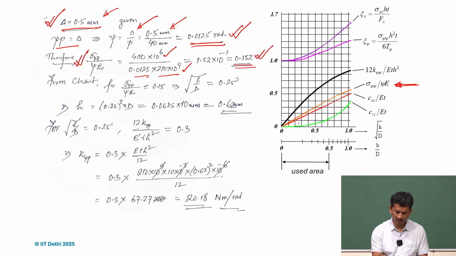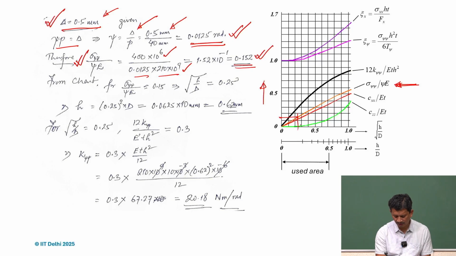If we use the chart and check the corresponding plot, 0.15 on the y-axis is somewhere in the middle between 0.1 and 0.2. If we go here and check the orange one, roughly, yes, we are here.